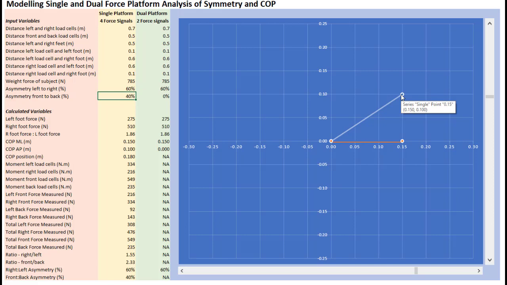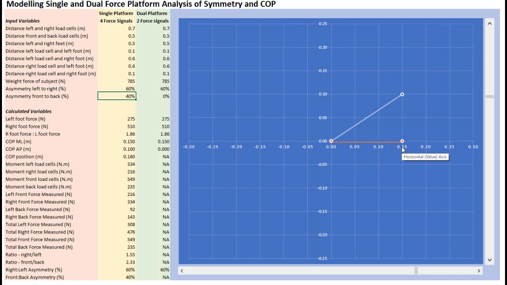Now this is important because assessment of the center of pressure and the shift in the center of pressure is very important. It's crucial for the measurement of balance and stability. And so this is a disadvantage of the dual platform systems, that they're unable to resolve any shifts in force in any plane other than the left to right.